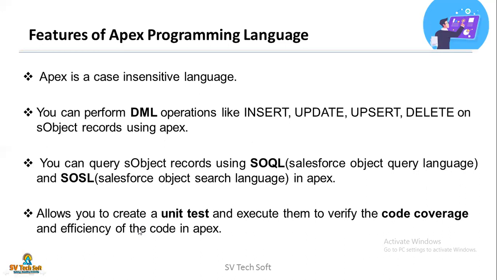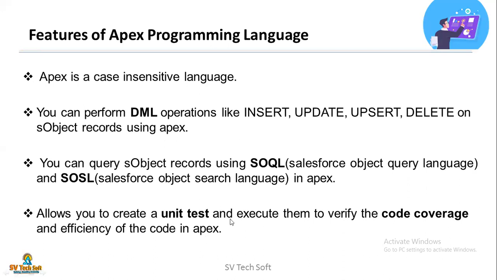We can develop the code coverage by using Apex only. Apex allows you to create unit tests and execute them to verify code coverage and the efficiency of the code. To maintain code coverage for your Apex classes and triggers, you have to write test classes separately. A test class shows how your code gets executed.